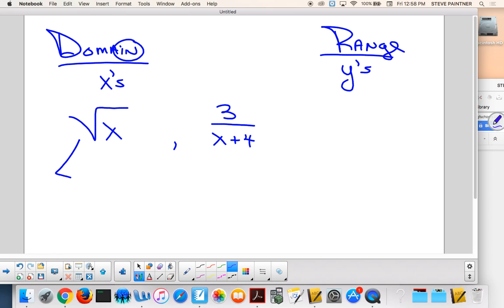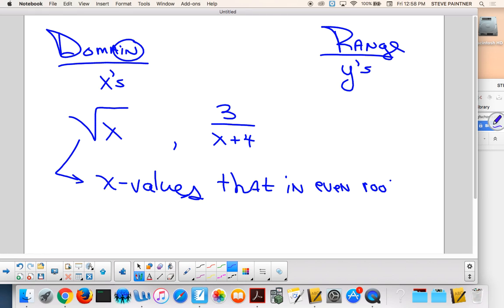The restriction will be any x values that result in even roots of negative numbers.